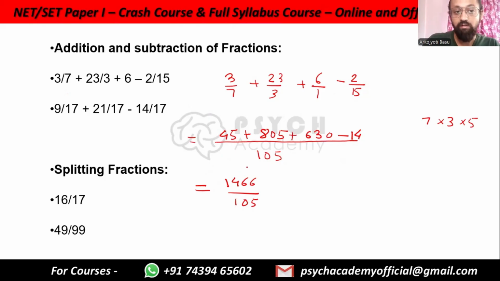Now, if you think that this is such a huge number, 1466, compared to the small numbers of 3, 23, 6 and 21, you can simply divide it, because it is 1466 by 105. It comes to something like 13.9. Hence, see, not that large of a number. Now, once we have established this, this is the first sum. Now let's do the second one.